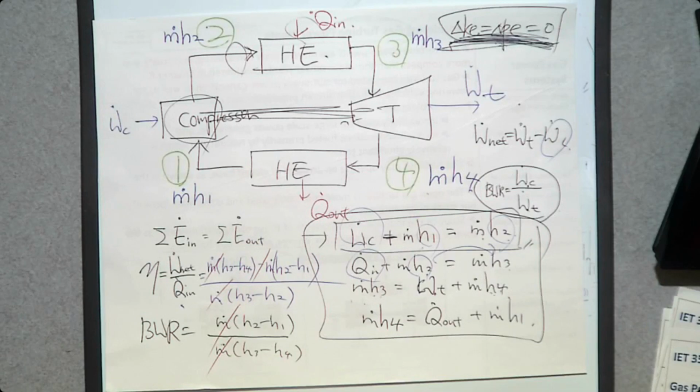The back work ratio is how much the compressor consumes out of the power that you produce. So if this one produces, let's say, 1 megawatt, and this one consumes 0.5 megawatt, what is the back work ratio? 50%, 0.5. Make sense?